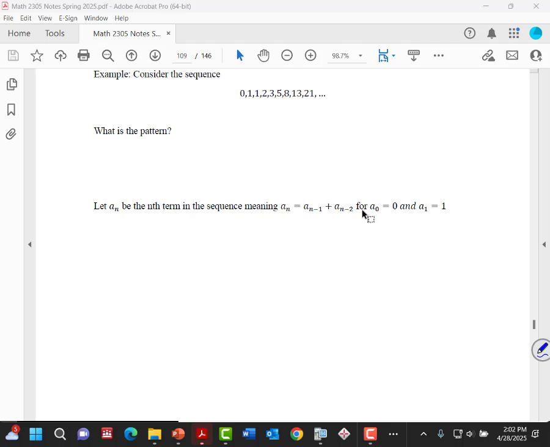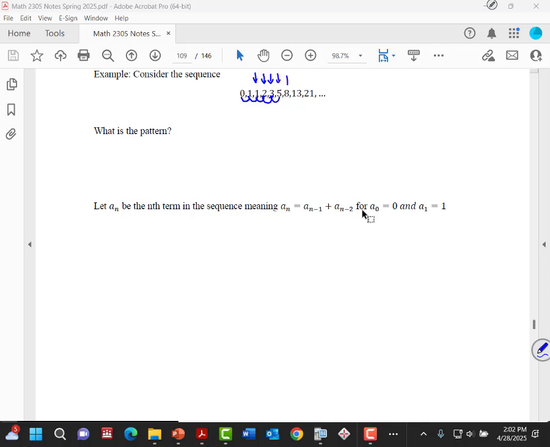Without much difficulty, hopefully you can see, if I take 0 plus 1, I get the next term 1. If I go 1 plus 1, I get the next term 2. 1 plus 2 is the next term 3. 2 plus 3 is the next term 5.